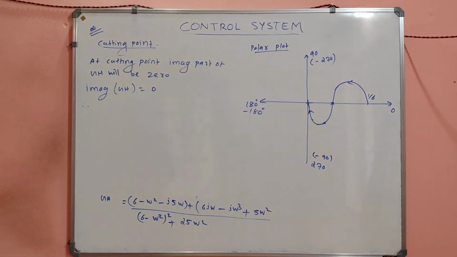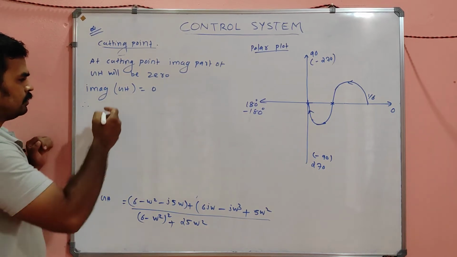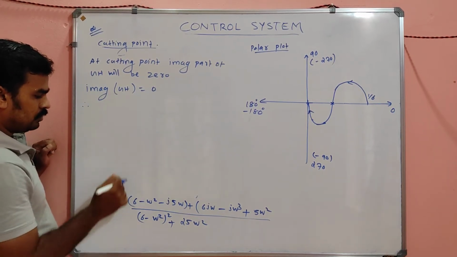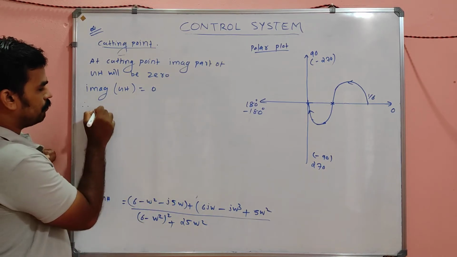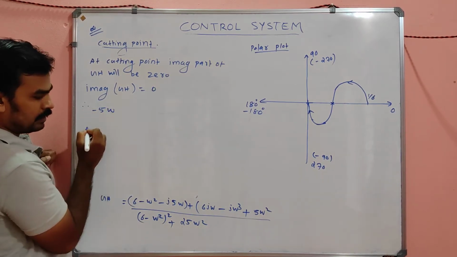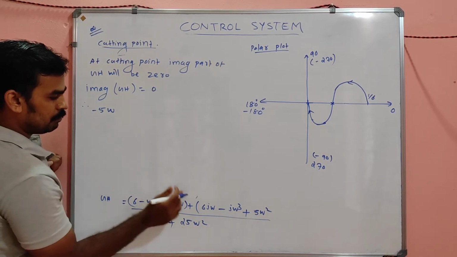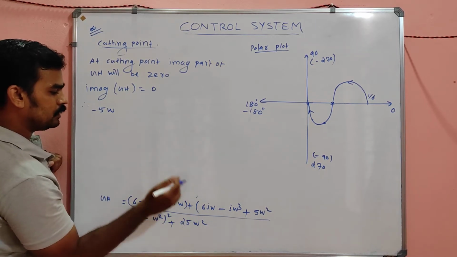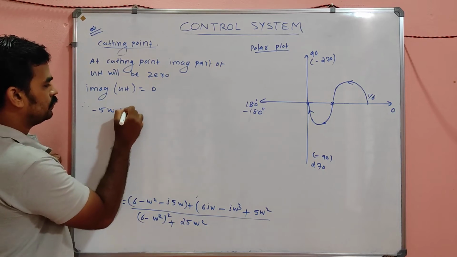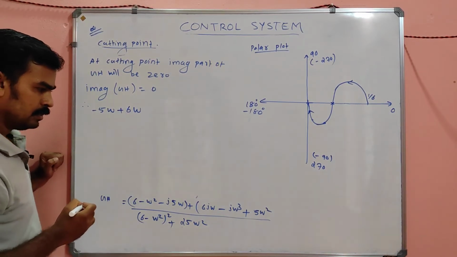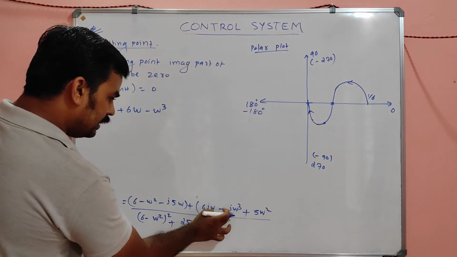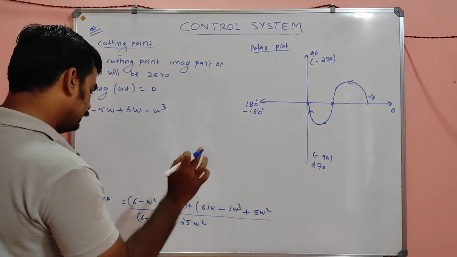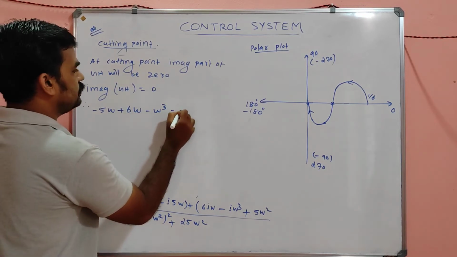So the imaginary part will be 0. So I can say minus 5 omega plus 6 omega minus omega cube, because all of these contain the j term, equal to 0.